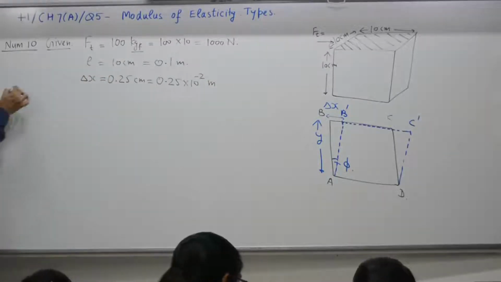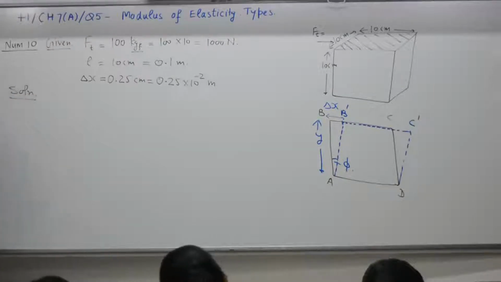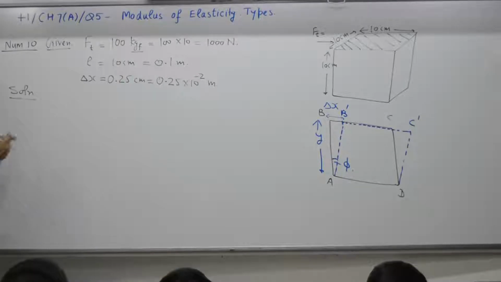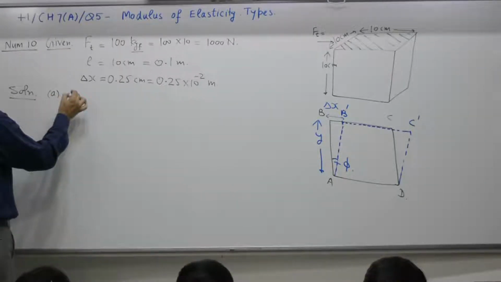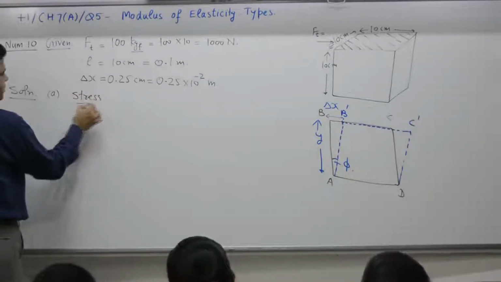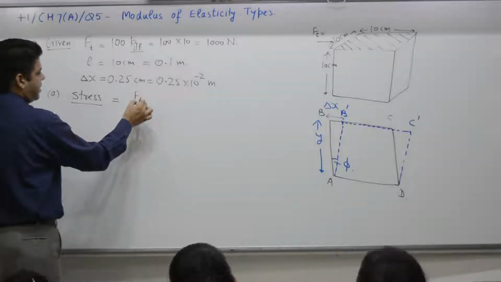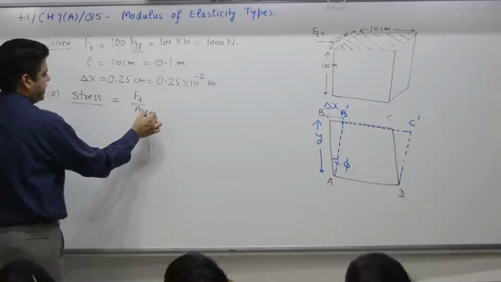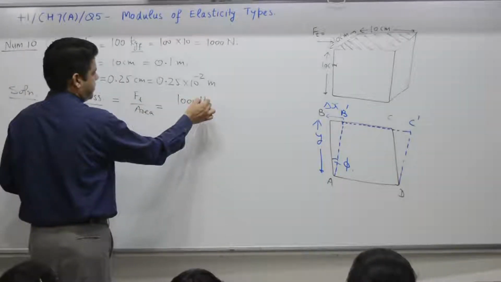First part: you have to find out the shearing stress, tangential stress. Stress is equal to Ft by area. Ft is 1000 Newton.